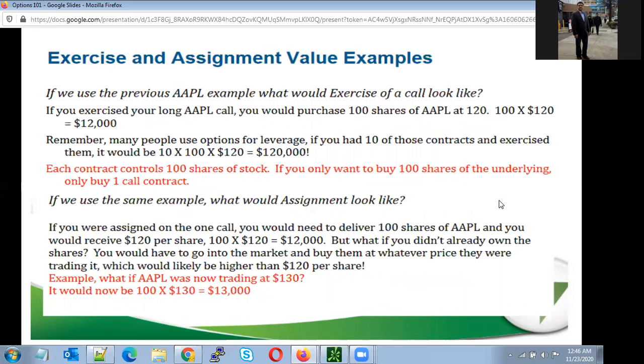If you use the previous Apple example, what would exercise of a call look like? If you exercise your long Apple call, you would purchase 100 stock at 120, 100 times 120, so you have to pay 12,000. Remember, many people use options for leverage.